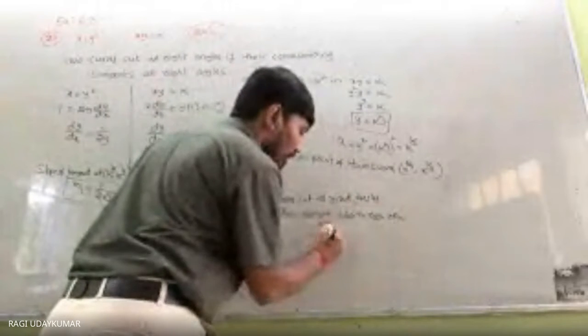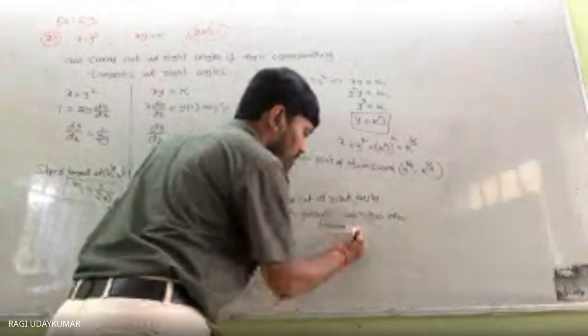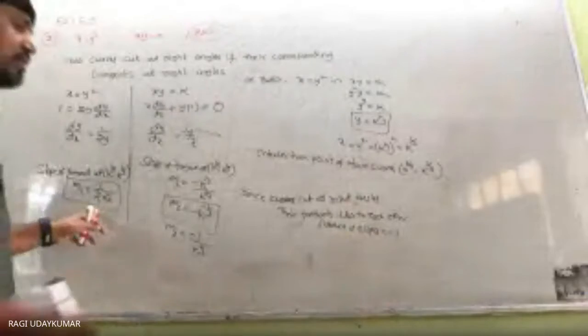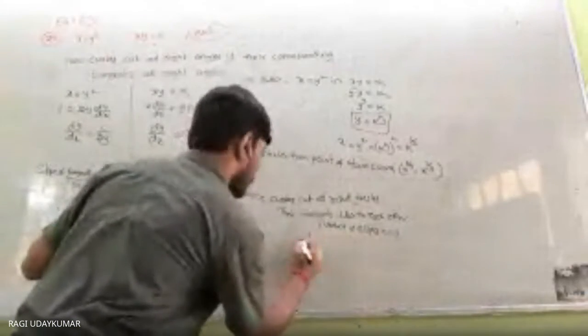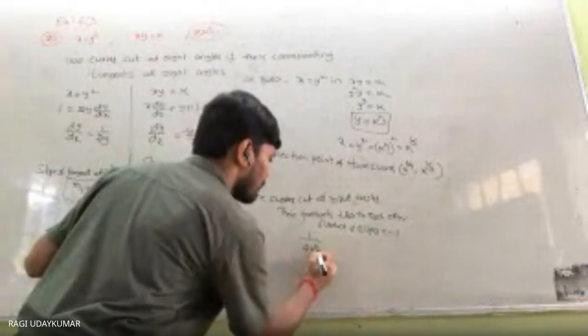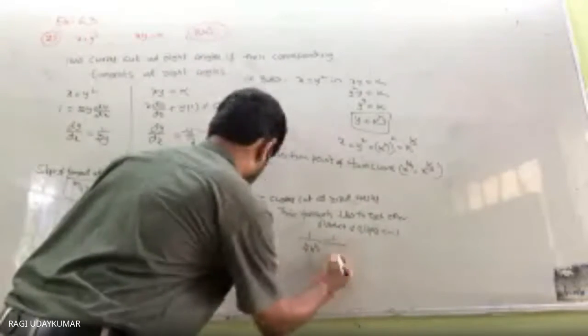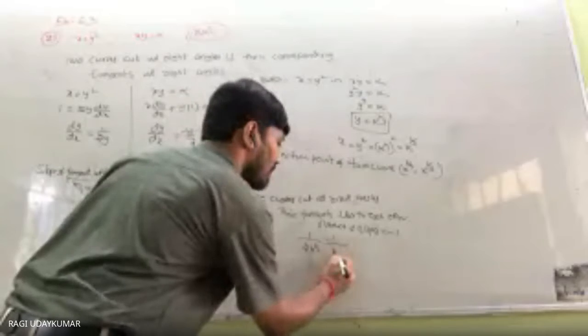Therefore, the product of slopes is equal to minus 1. So this slope is this one. So 1 by 2 power into minus 1 by k power 1 by 3 is equal to minus 1.